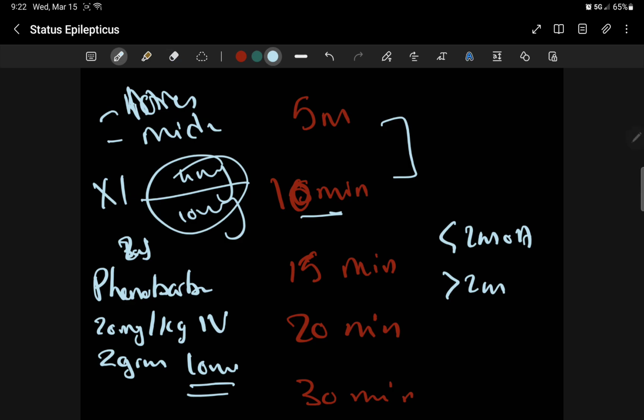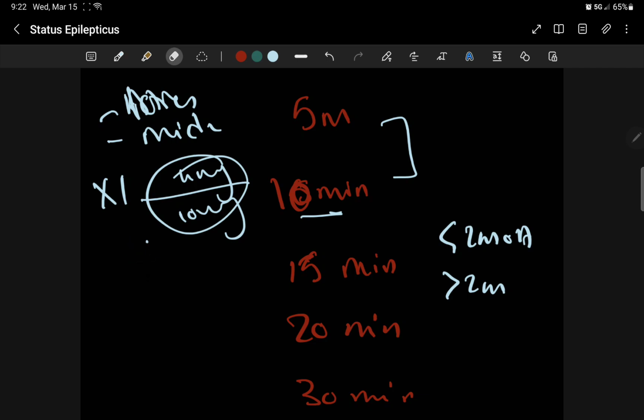Because, for example, when we give other second lines, like levetiracetam, which is Keppra, we give 60 milligrams per kilogram with a max of 4.5 grams over 10 minutes as your second line, and you jump to fosphenytoin.